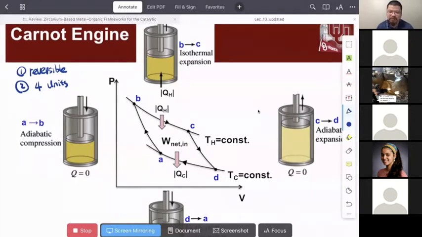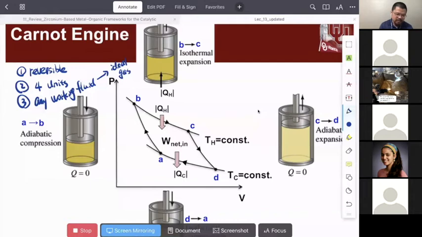We have 2 adiabatic compressions, and all those 4 units are operating with reversible requirement. Third is the working fluid is not critical to the Carnot cycle definition. So we can pick up any working fluid. And in our previous discussion, we picked up ideal gas. Right? So that is the first 3.